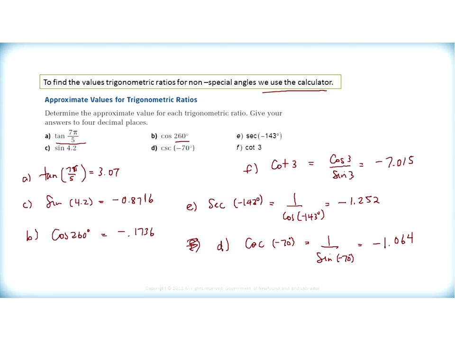So I think I have all of them done. Let's look: A, B, C, D, E, and F. Yes, they're all done. But for these values, because they're not special angles, you have to use your calculator to do them. No way around that.